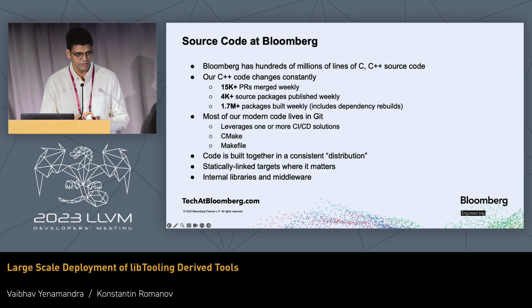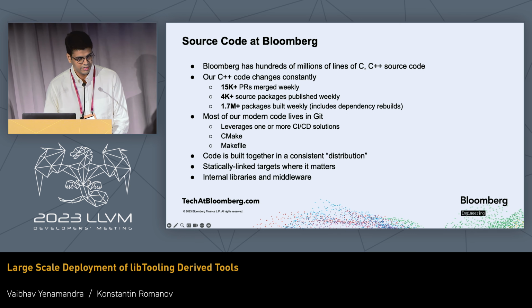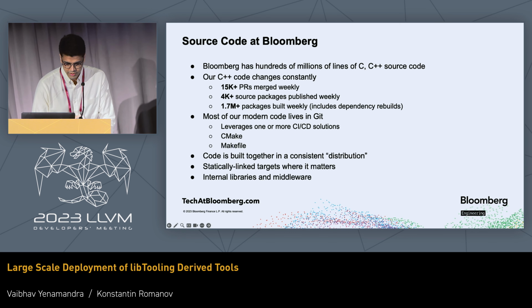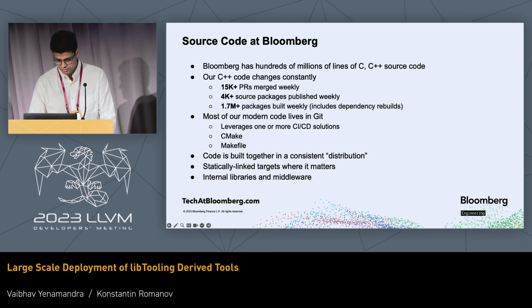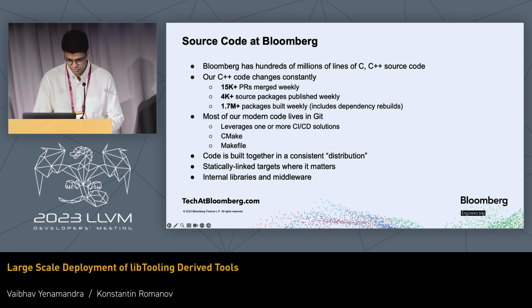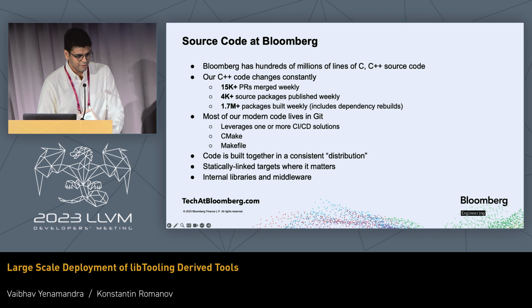And it's also a distributed source code model. So you can have monorepos, you can have your own repository, you can use someone else's repository, you can use the libraries that someone else publishes in your own code. But the code itself will be in separate places. It's also built together in something called a consistent distribution. We'll talk more about this later.